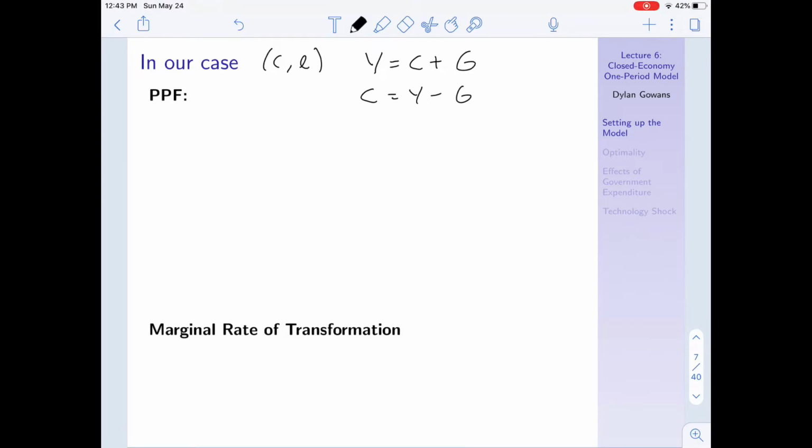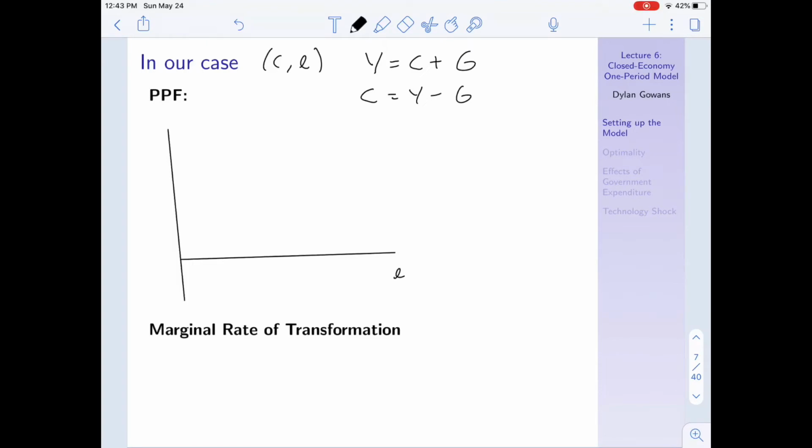And so therefore shifting every point down on that reversed production function will give us our production possibilities frontier between consumption and leisure. So what's that going to look like?